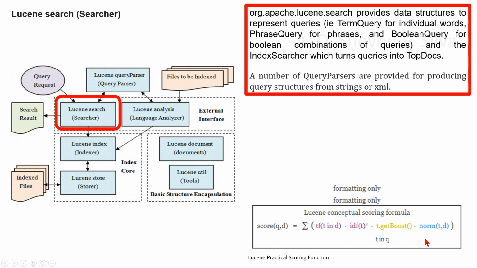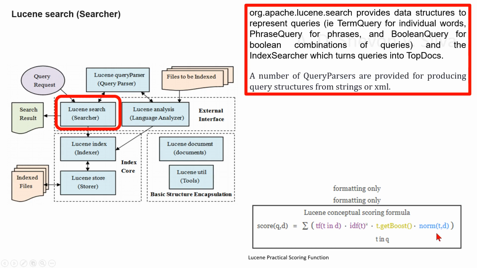They are computed in advance, and their multiplication is saved as a single value in the index. In the equations here, the norm T in D means norm of field T in doc D, where field T is the field associated with the term T.